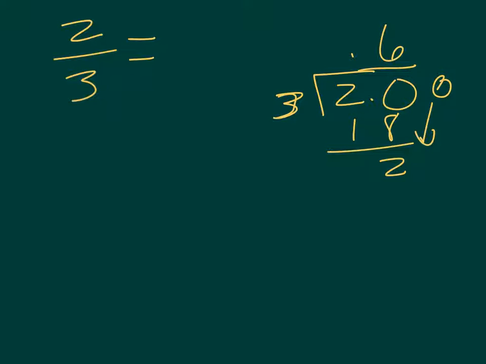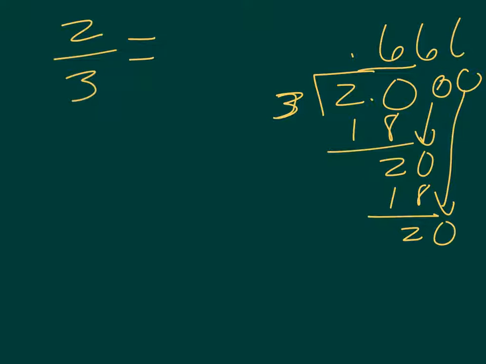Give another 0. Bring it down. 3 goes into 20 6 times. That's 18. Bring down a 2. Are you seeing the pattern here? It's never going to end. On forever. I'm going to put the 6 on there for good luck. Going to go on forever and ever. So technically 2/3 is 0.6 repeating. Just a division problem that goes on forever and ever.